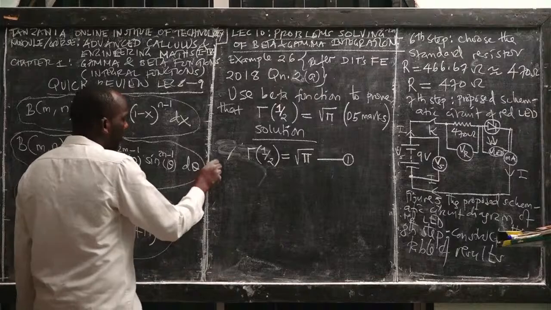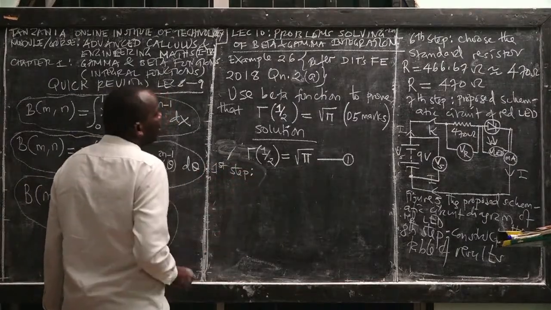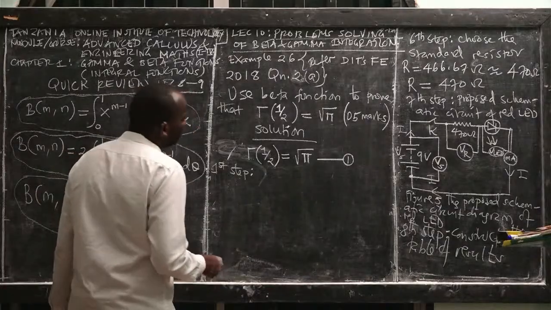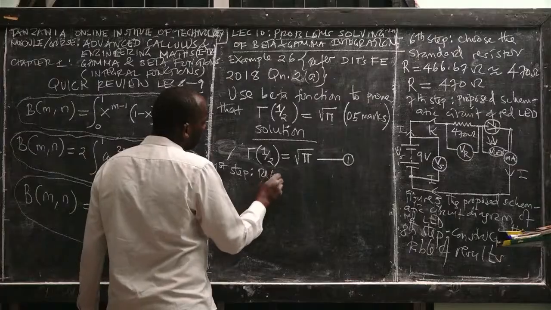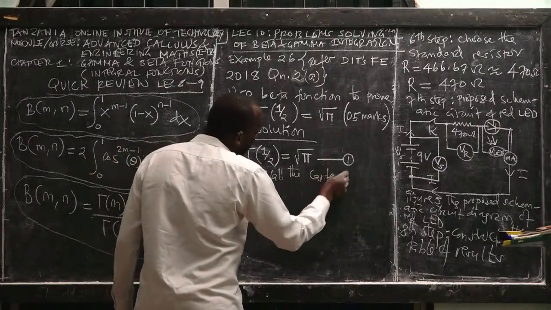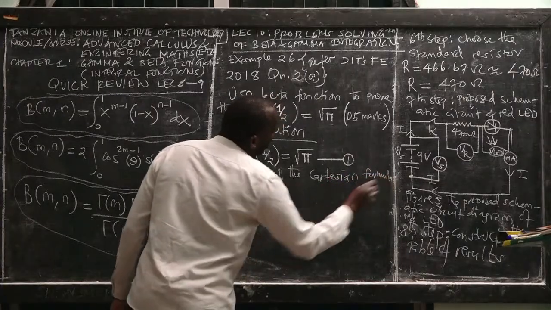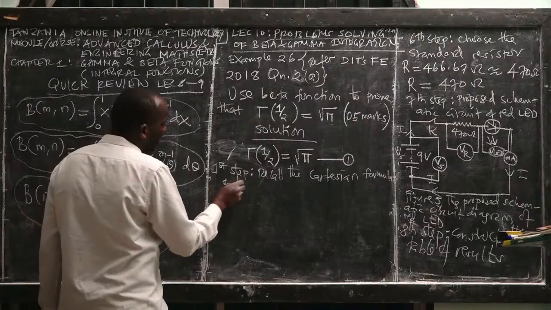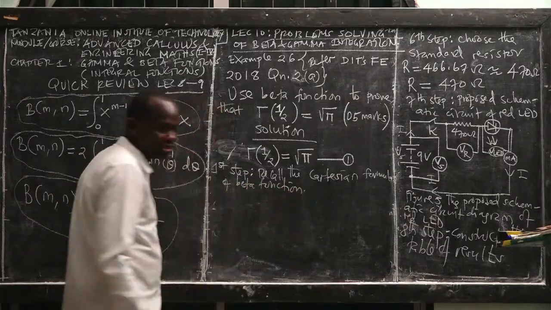And then first step. So the first step we say: recall the Cartesian formula of beta function.